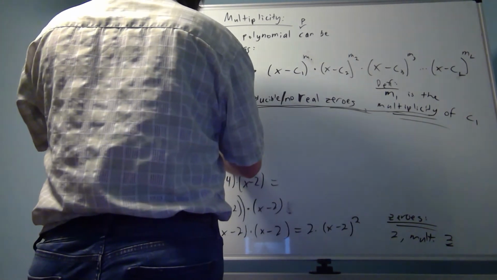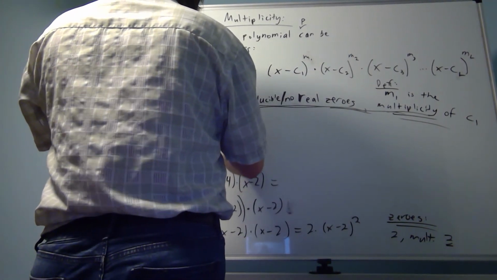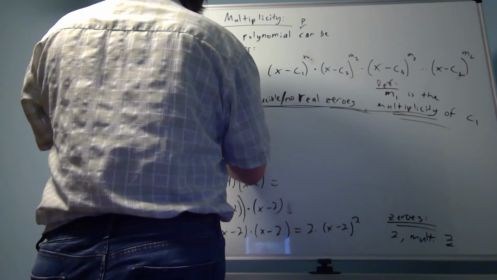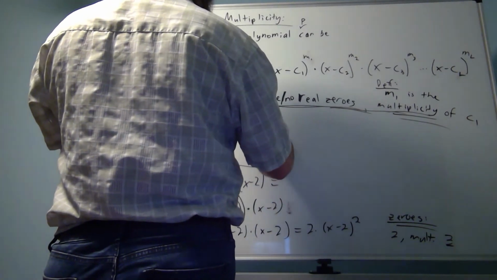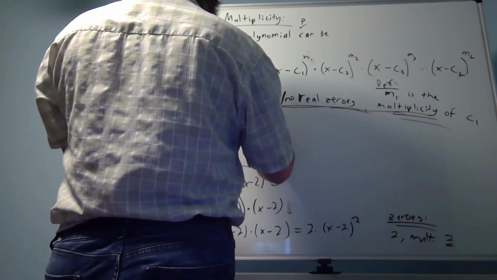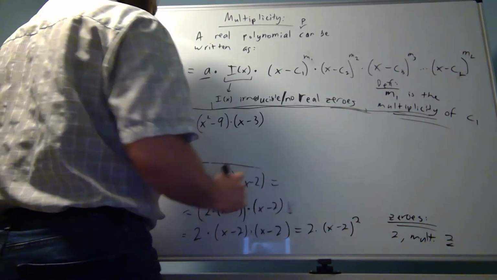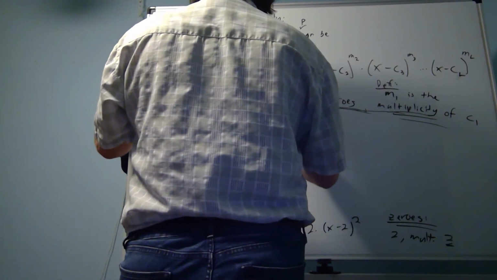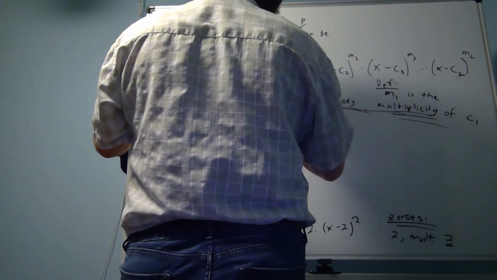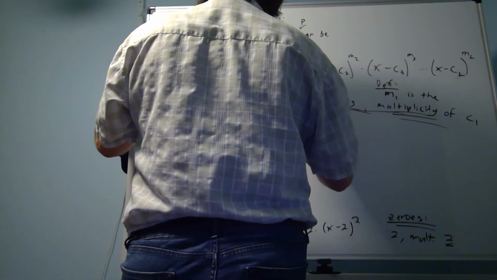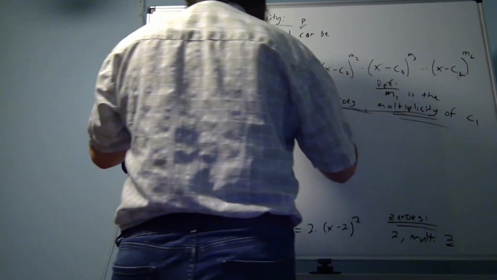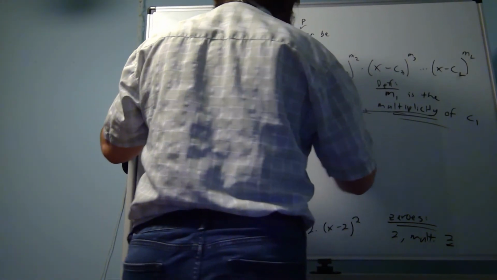So let's look at x squared minus 9 times x minus 3 times 3x minus 1 times x minus 1/3.